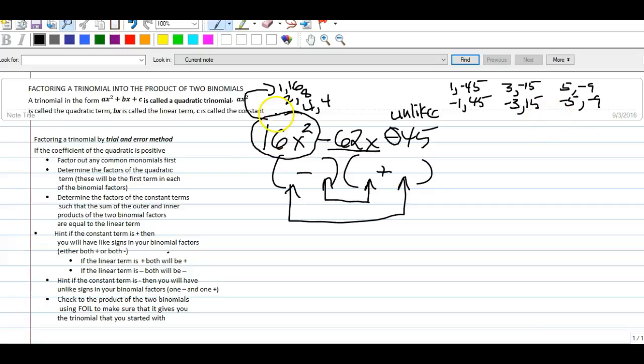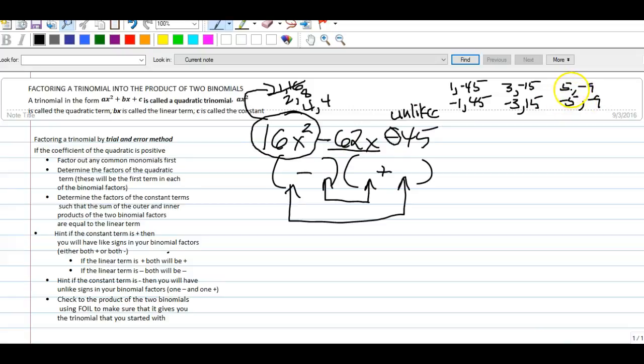Now, I can pretty safely rule 1x and 16x out, because no matter where I put the 1x or the 16x, if I multiply it times one of these numbers here, it's certainly going to exceed the range of negative 62.